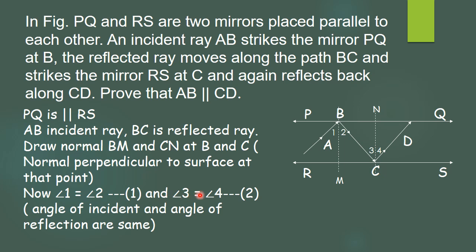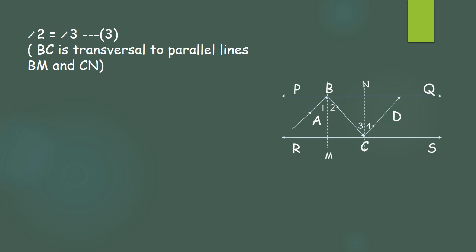Angle 3 is equal to angle 4, we'll call this number 2. Now BM is perpendicular and CN is also perpendicular to the parallel lines, so BM and CN will be two parallel lines. And as these two lines are parallel, angle 2 will be equal to angle 3 as they are alternate angles. We'll call this number 3.